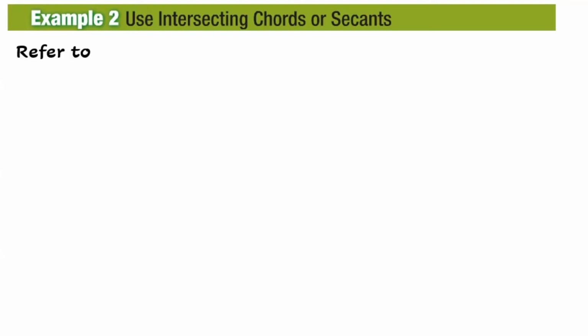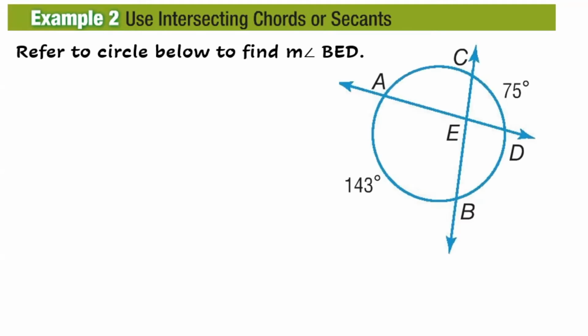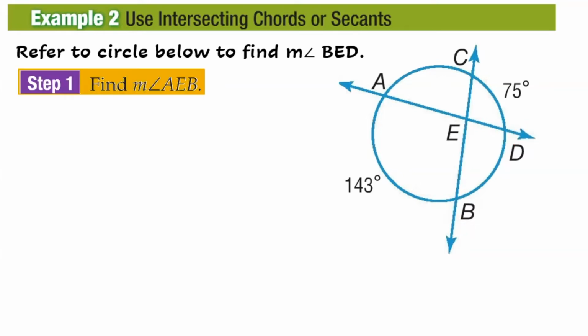Example number 2. Refer to the circle below to find measure of angle BED. As you see here, we don't have the intercepted arcs given for the angle BED. So, what shall we do? First step, we have to find measure of angle AEB.